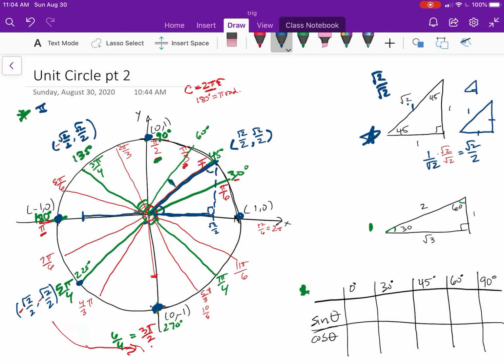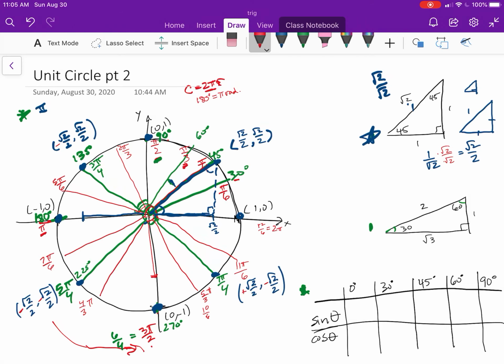And last, at the 7 pi over 4 right here, right, I'm looking at all of my 8 pieces of pi, split into fourths. Again, square root of 2 over 2 for x and y. But I went right, so x is positive, y is negative because I went down. Okay, that takes care of all of the angles here that have 45 degrees.